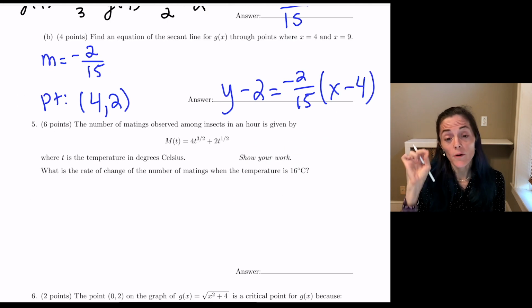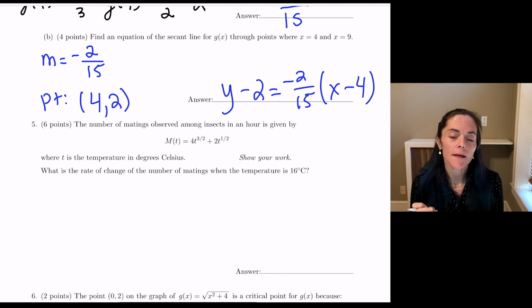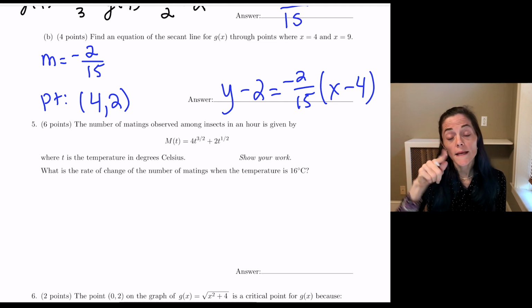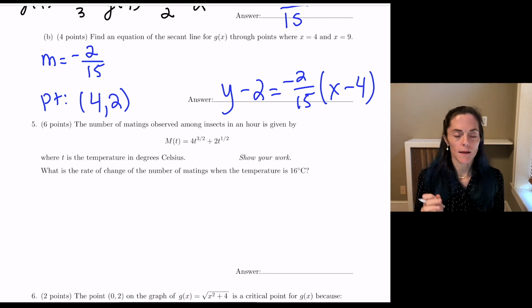Number 5, the number of matings observed among insects in an hour is given by this function, m of t, where t is the temperature in degrees Celsius. What is the rate of change of the number of matings when the temperature is 16 degrees? We need to interpret this in terms of what are we calculating here?